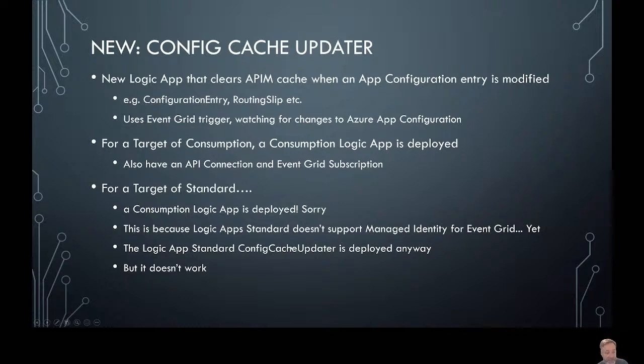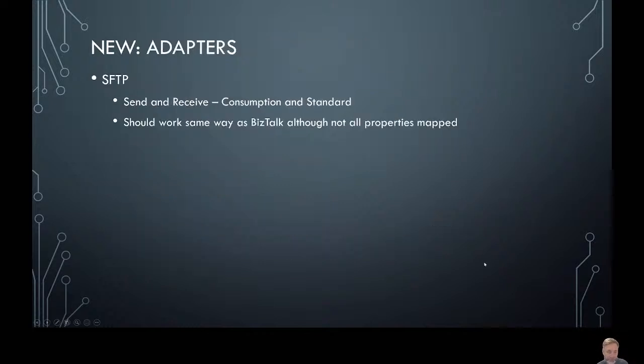So what that means is that there is a standard version of the config cache updater, and it actually does get deployed, but it doesn't work. You'll see an error. The first time it starts up, there's an error in there about authentication, authorization. So we're waiting for managed identity support to arrive, and when it does, then we'll remove the consumption logic app when you're using a standard target, and we'll just use the one that's already deployed.